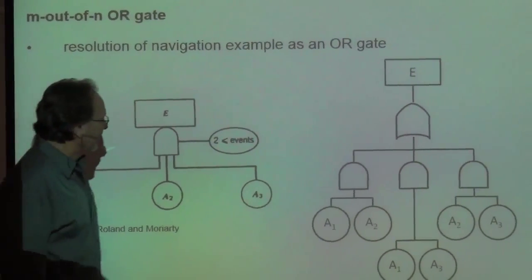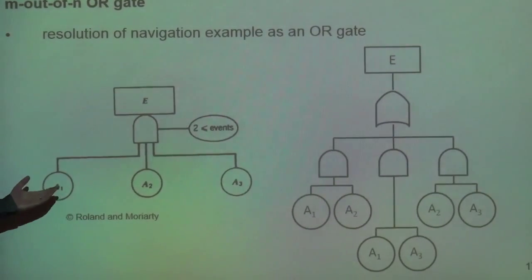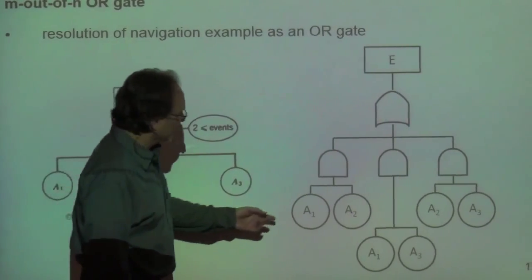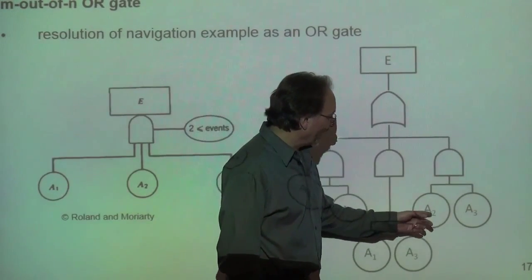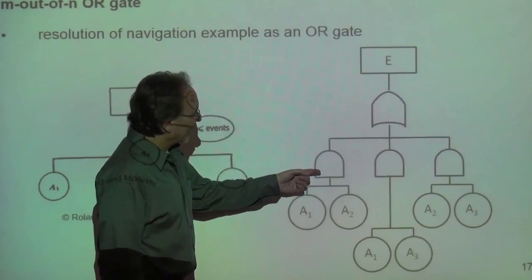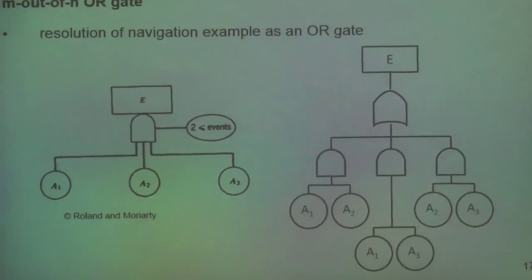Resolution here means any set of 2. So 3 objects taken 2 at a time, that means I have 3 possible sets. So it's A1 and A2, or A1 and A3, or A2 and A3. And so these are AND gates and an OR gate for any one of those 3 sets of 2.